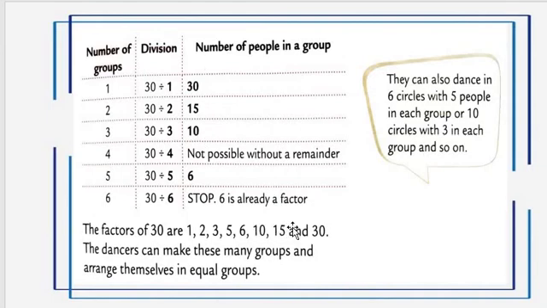Okay, and 15 twos or 2 15s. Okay, and then 30 itself is a factor. So the dancers can make these many groups and arrange themselves in equal groups. Understood, my dear students? I hope you all understood.